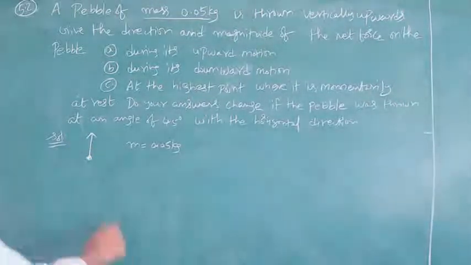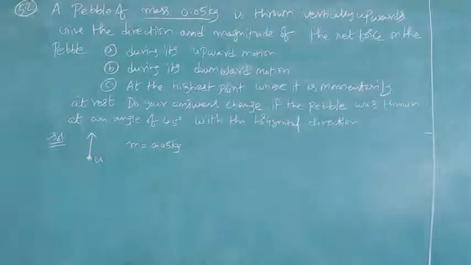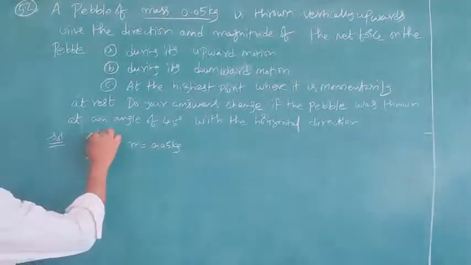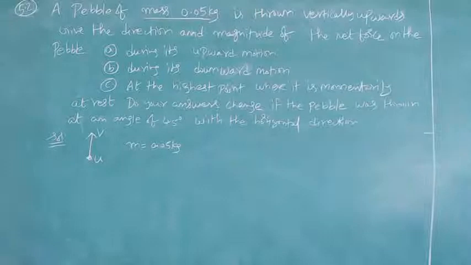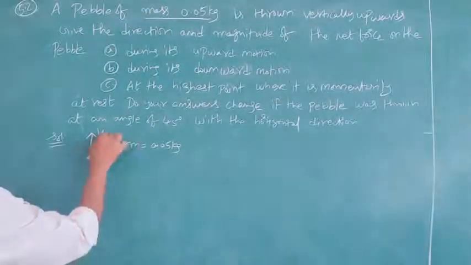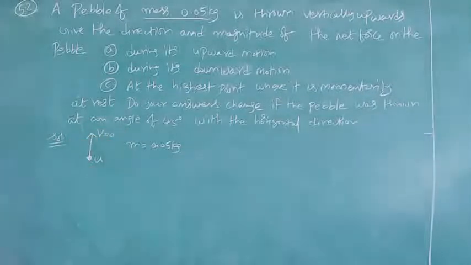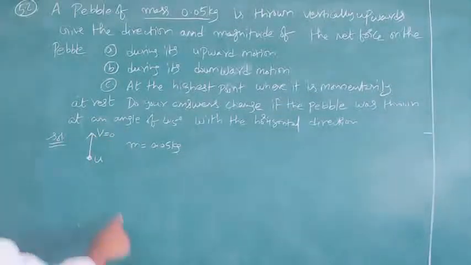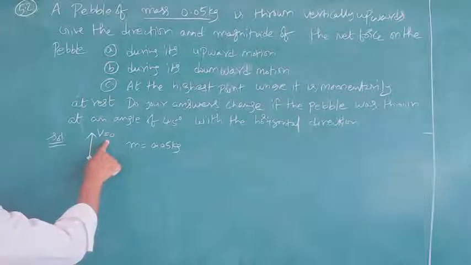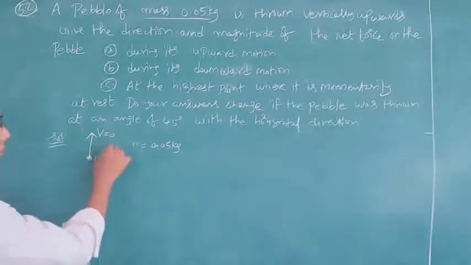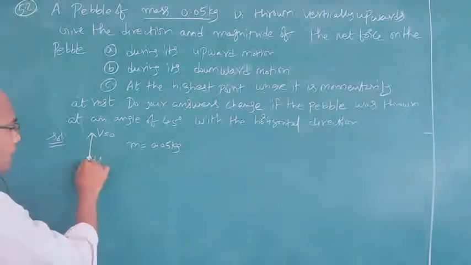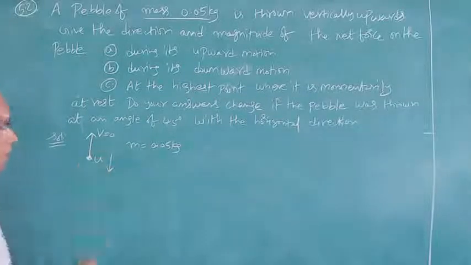So what happens? Its initial velocity is u, and this will be the final velocity. So when the object is thrown up, initial velocity will be u, final velocity will be what? 0. Then afterwards, what happens? Again it comes down. Yes or no?